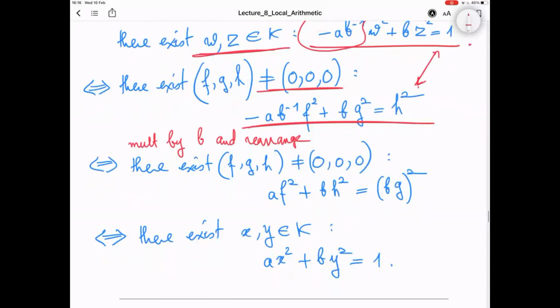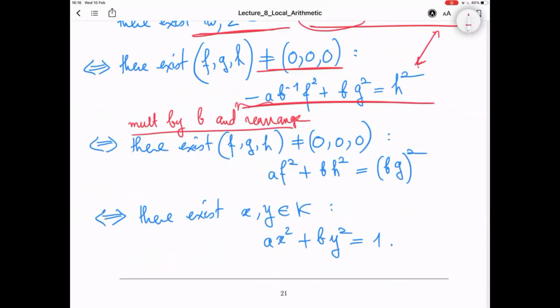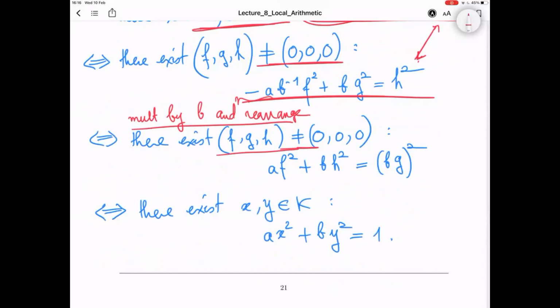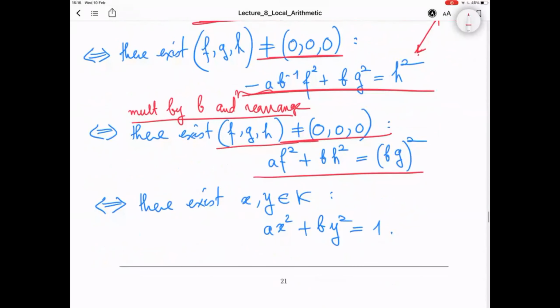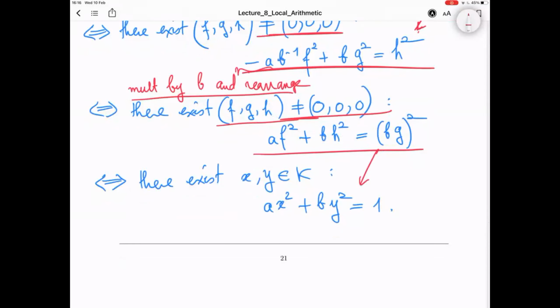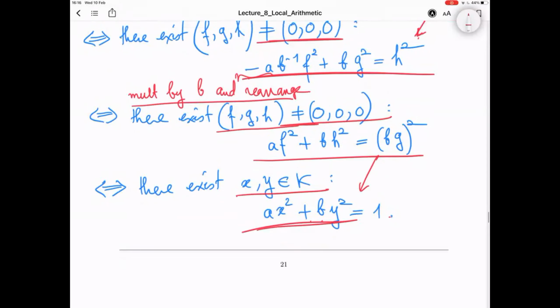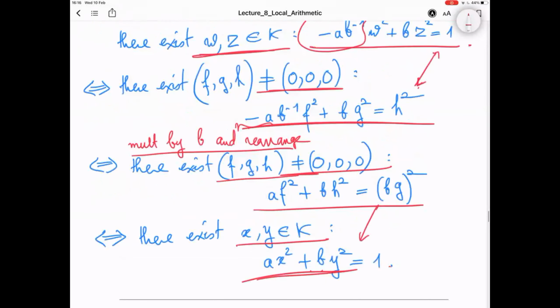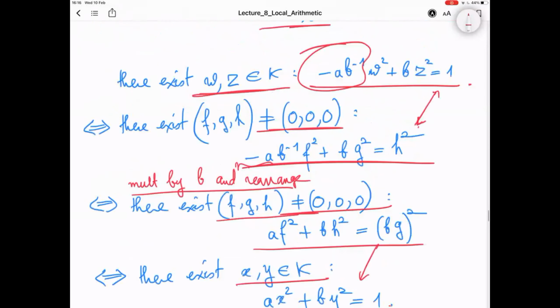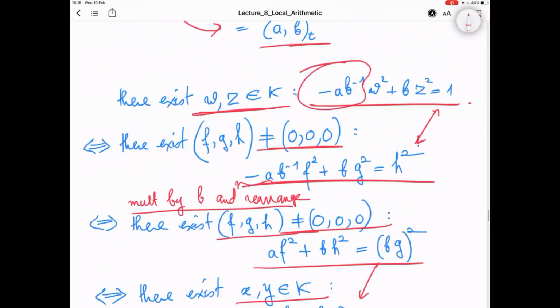Now this equation can be multiplied by b and you just rearrange, then you'll get a solution different from 0, 0, 0 of this equation: af squared plus bh squared equals b g squared, (bg) whole squared. And now you dehomogenize and you get this equation. So you have a solution x, y to the equation ax squared plus by squared equals 1, if and only if you have a solution w, z to the equation minus ab inverse w squared plus bz squared equals 1.